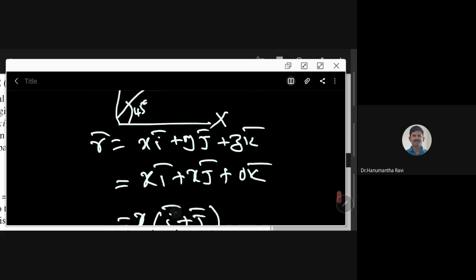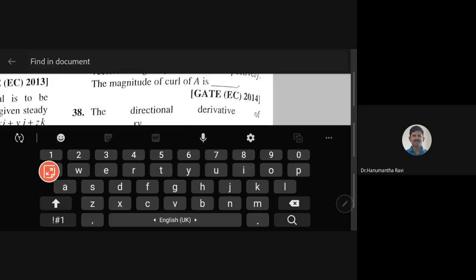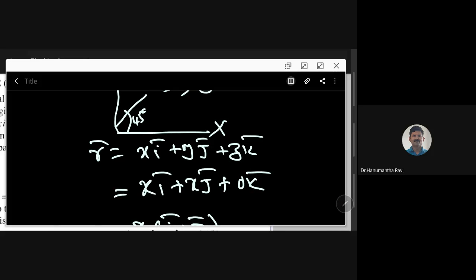Now if we want the unit vector, what did he say? He is talking about the unit vector at an angle pi by 4 with the y-axis.